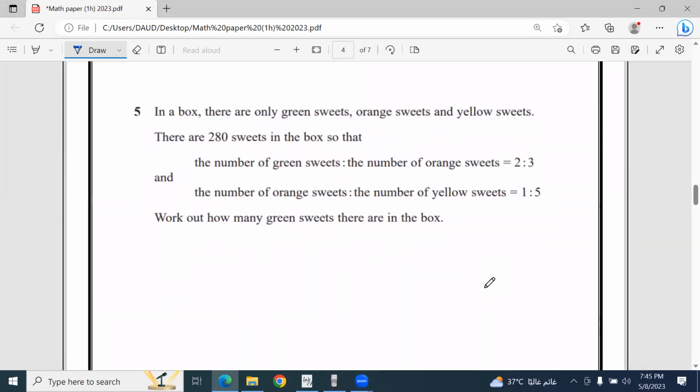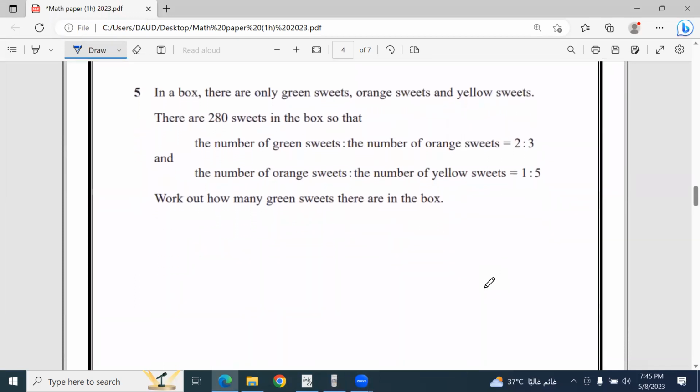Next, question 5: in a box there are only green sweets, orange sweets and yellow sweets. There are 280 sweets in the box, so that the number of green sweets to the number of orange sweets is 2:3.